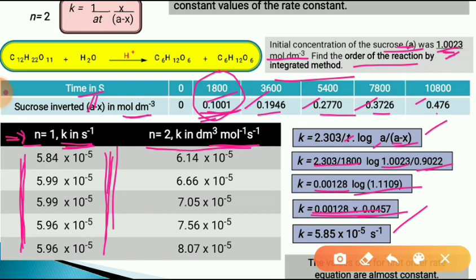For a second order reaction, these values are 6.14, 6.66, so a lot of variation is there in the k values for the second order reaction. That's why the given set of values is found to be a first order reaction, because constant k values are found for first order.